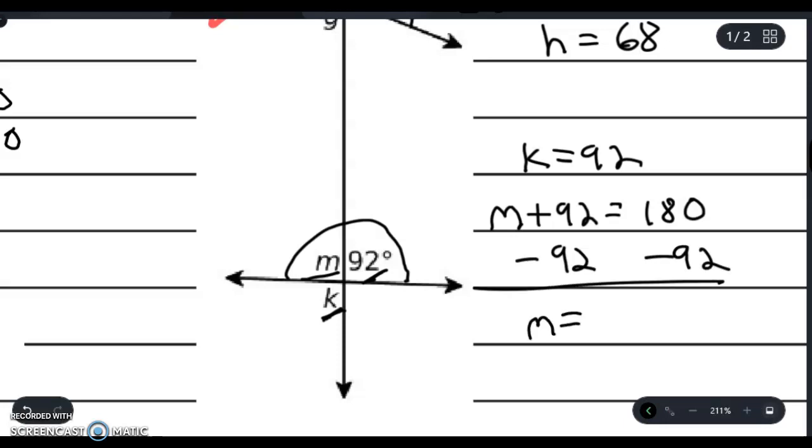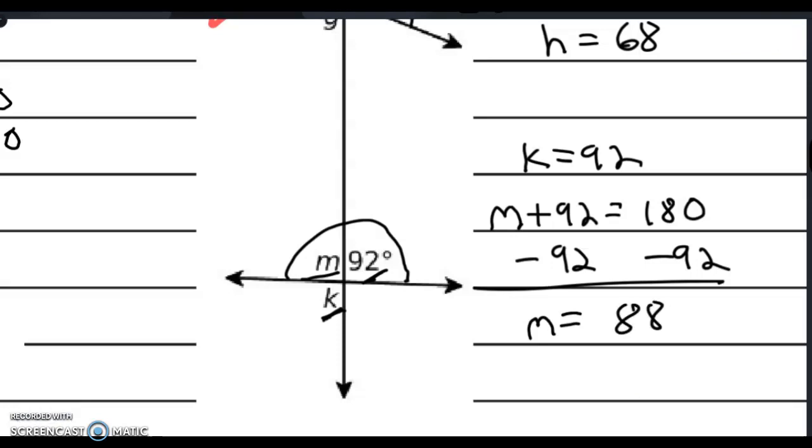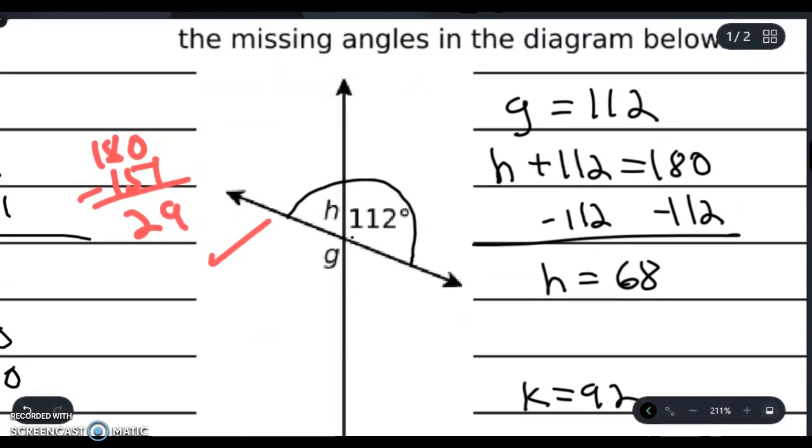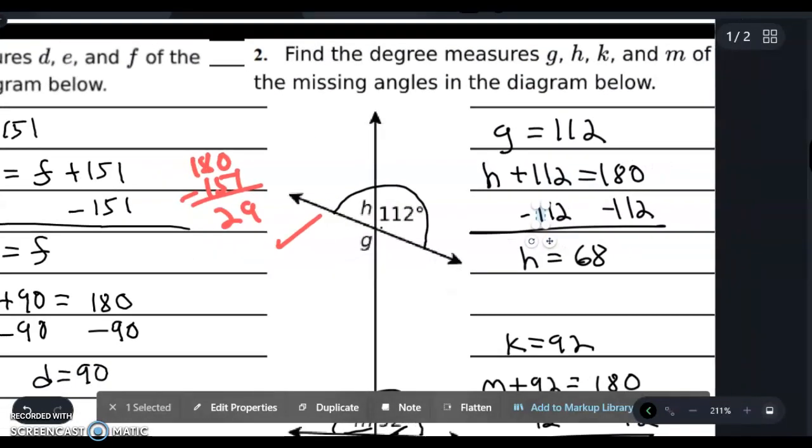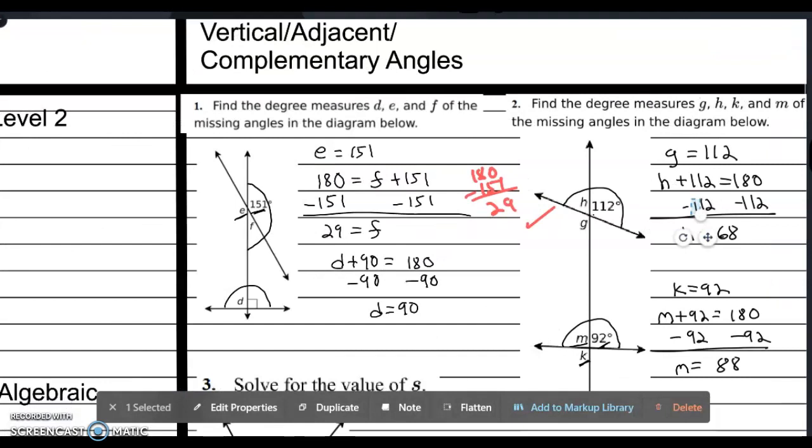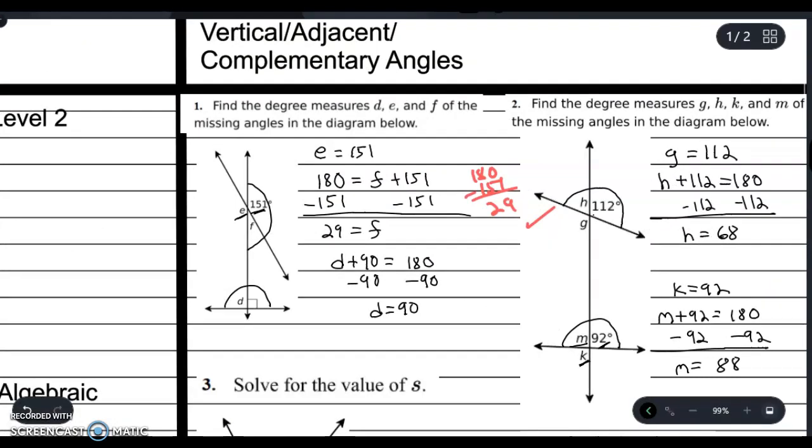And M is equal to 88. So I found M, K, H, and G. And that's level 2 of vertical, adjacent, and complementary angles.